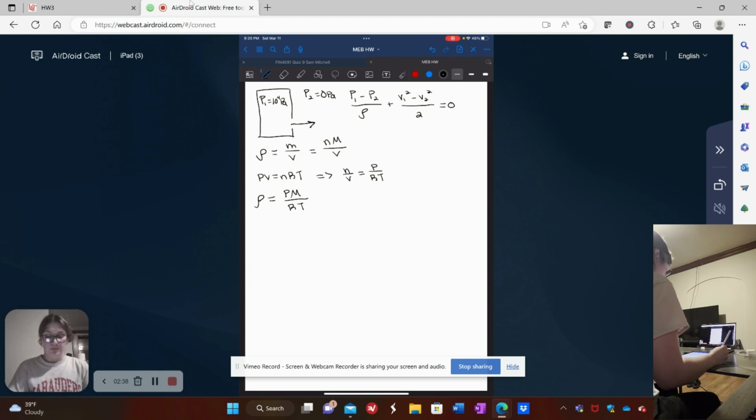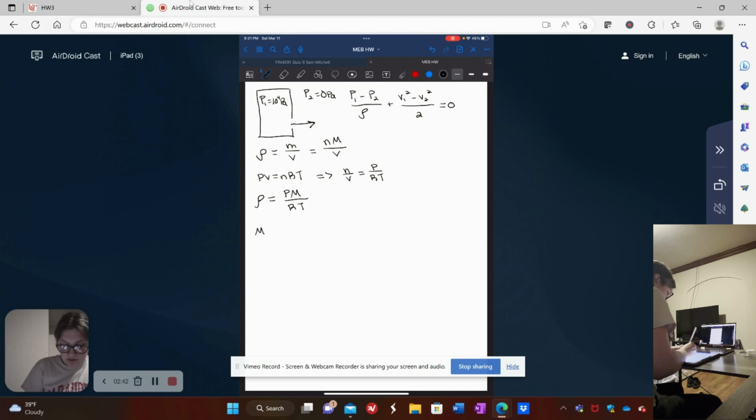Next we want to calculate the average molecular weight for air, which is mass over the number of moles. For air, we know that it is 79% nitrogen and 21% oxygen.